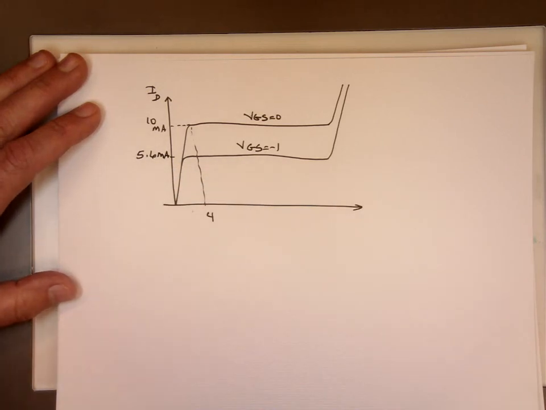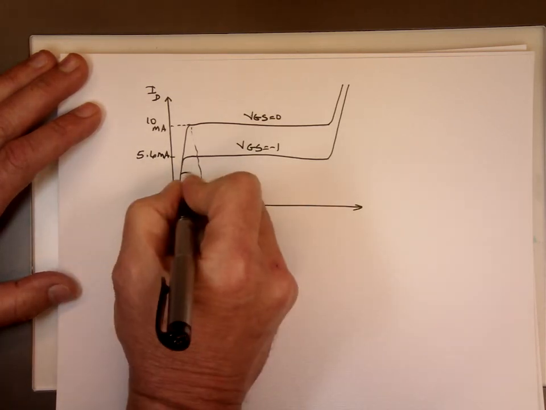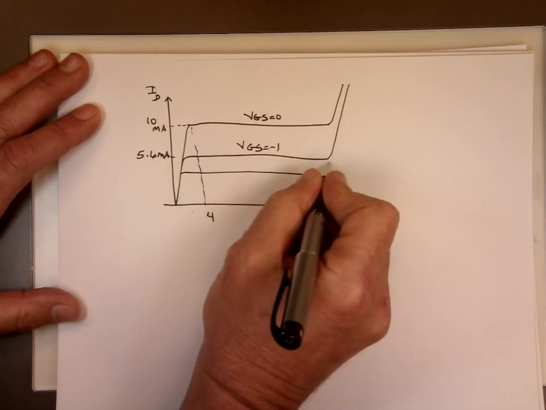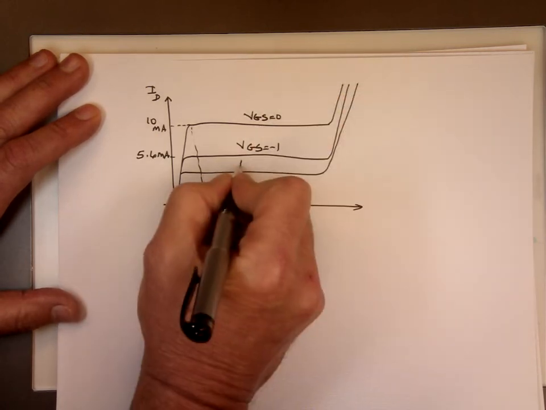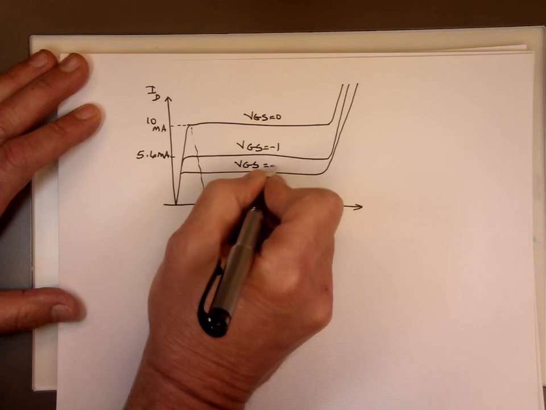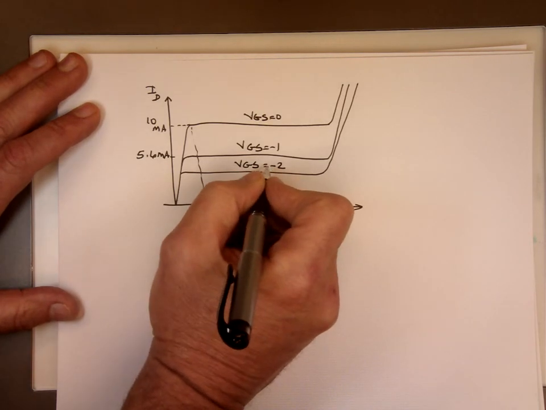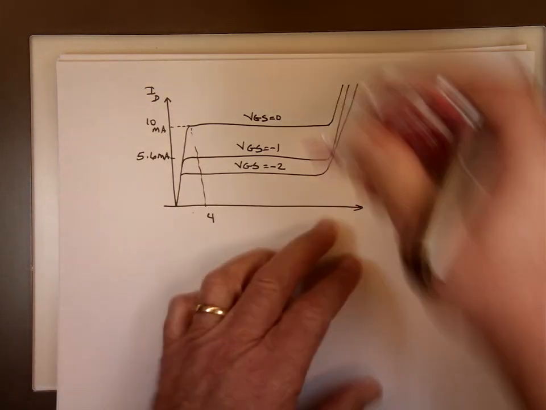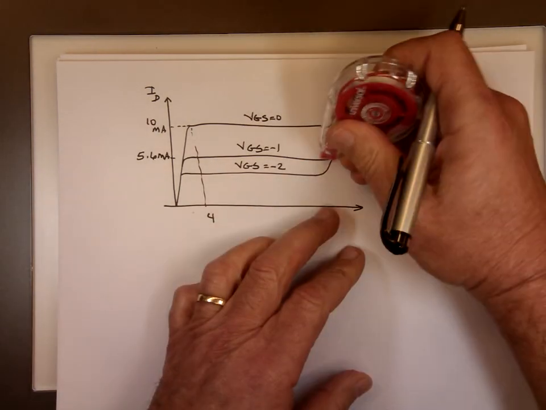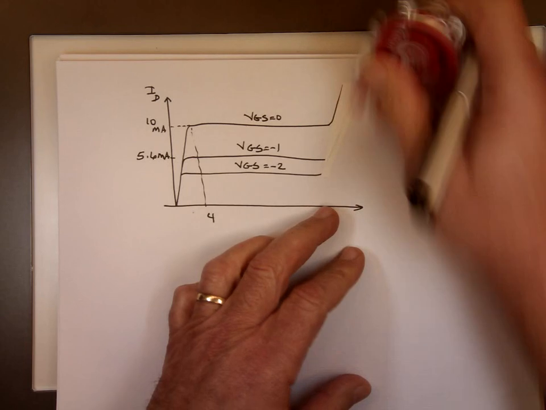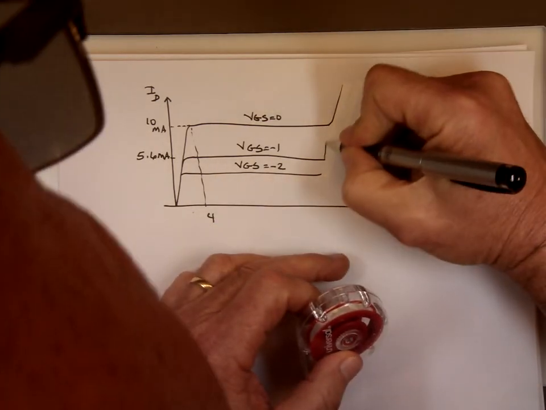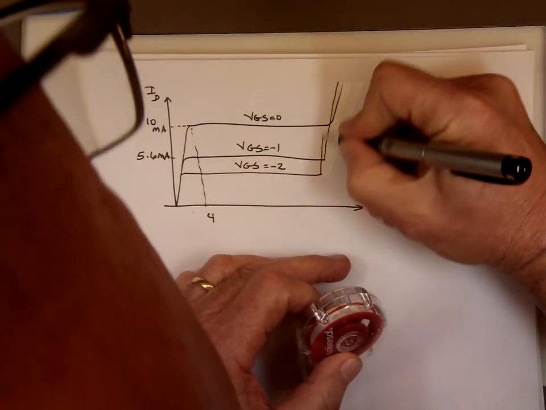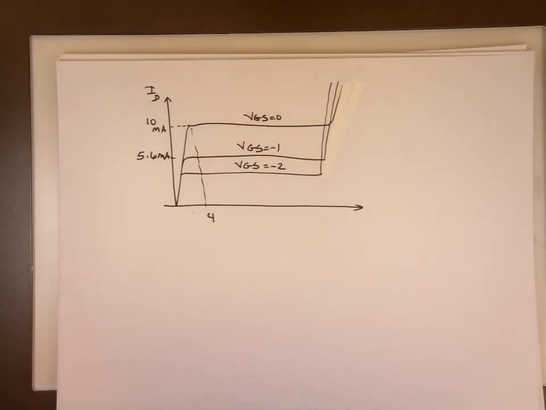And this might be when VGS equals -2. Actually, this should go on this end. It should really cross, comes a little bit faster here. I wasn't paying attention. It should go inside like this. And this one goes like this. This is when VGS equals -2.